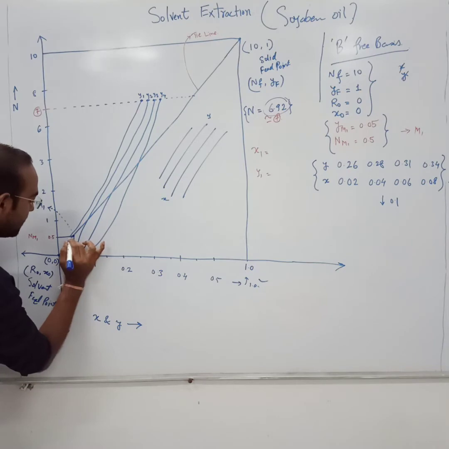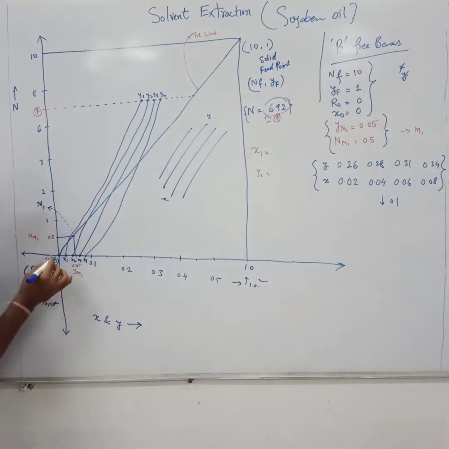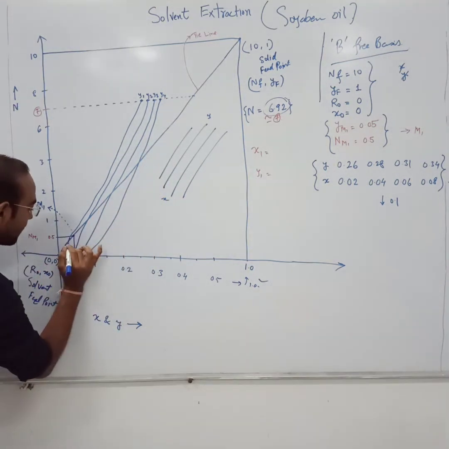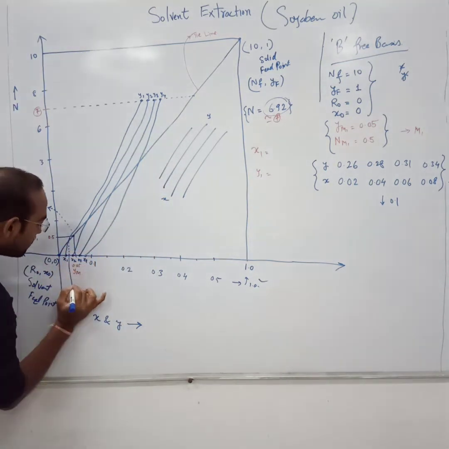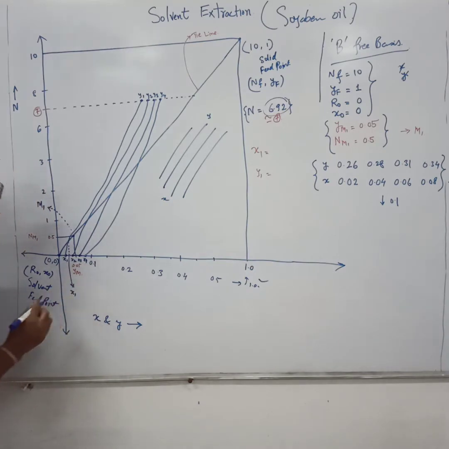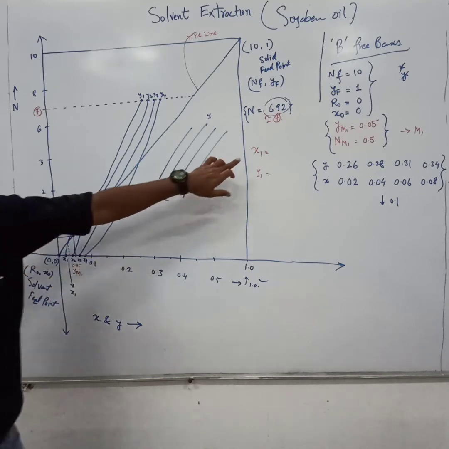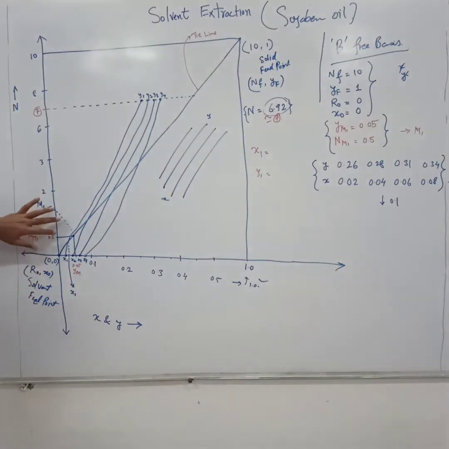Where it cuts your tie line, that is the value of x. So this is the value of x1. How can I find the value of x1 here?